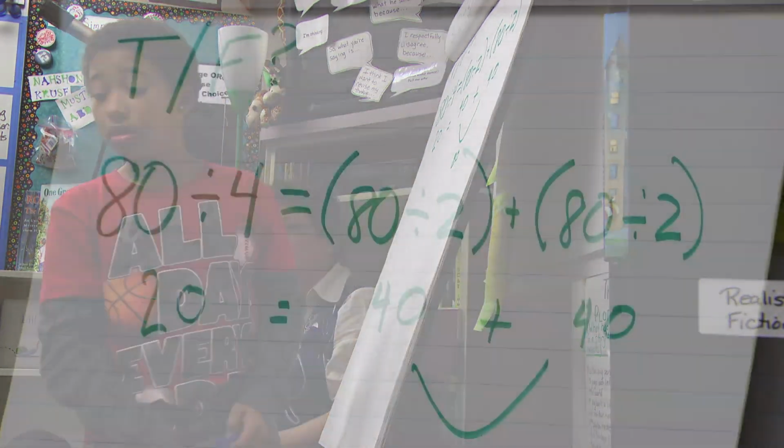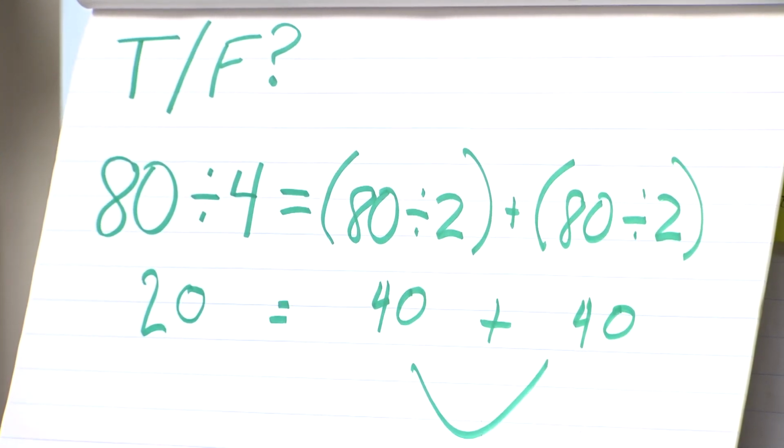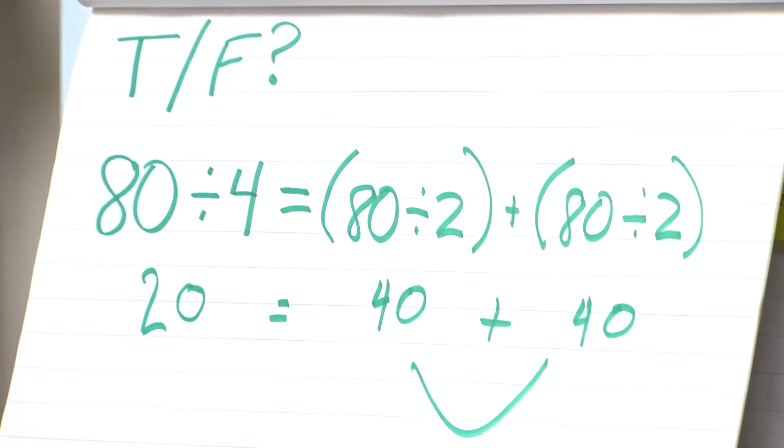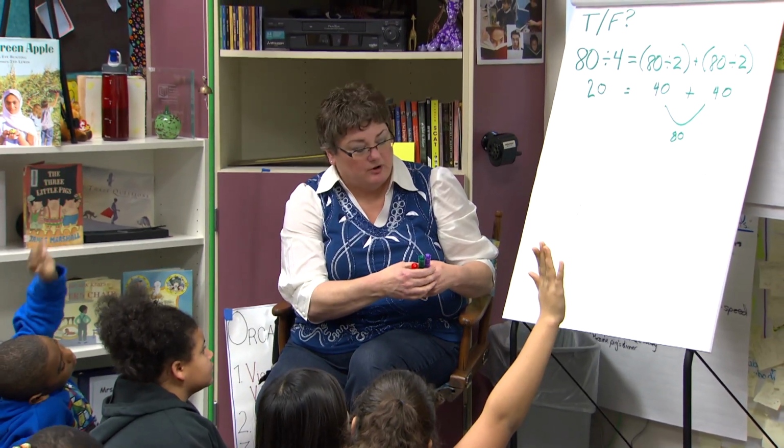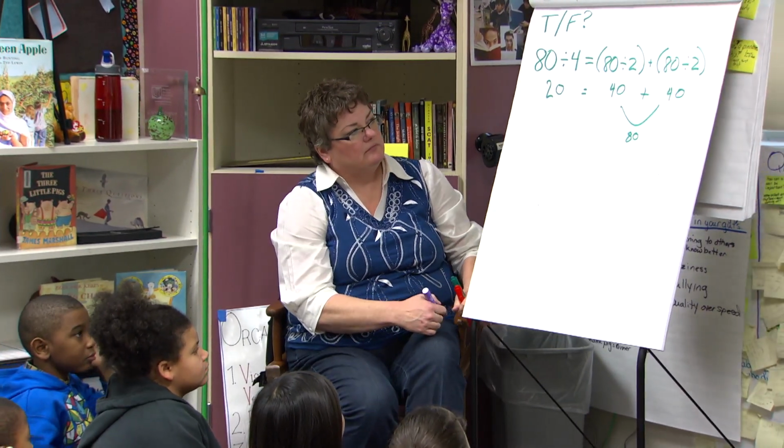I'm wondering if we drew a picture, would it help? Okay, so I'm going to draw a picture of a bag of Skittles. In this bag of Skittles, how many are there? 80.